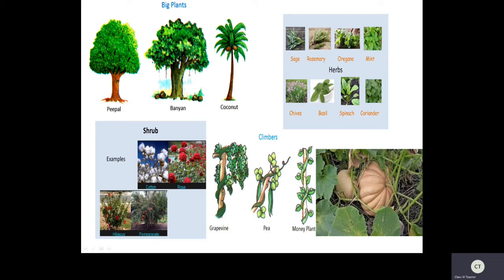No, it is hard. If you see hibiscus, yes, it is also woody. And if you see pomegranate, the stems are woody, and they are just like bushy. Can you see? So, this is the difference between the stems in herbs, shrubs, and trees.